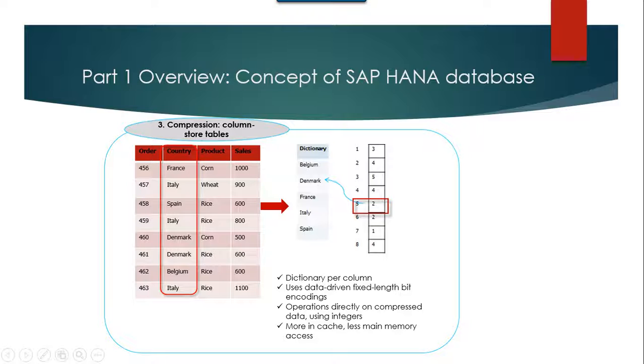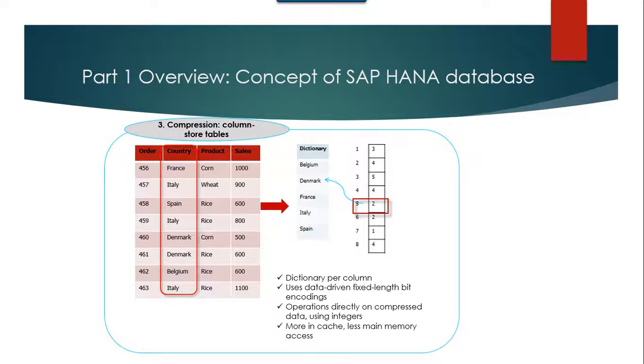So it's really 5, 2. It goes faster for Denmark. This means a dictionary per column, using data-driven fixed length bit encoding. Operations work directly on compressed data. Using integers, more fits in cache, with less main memory access.